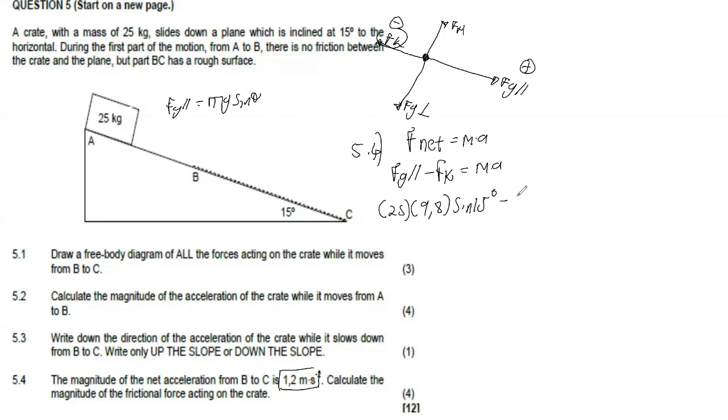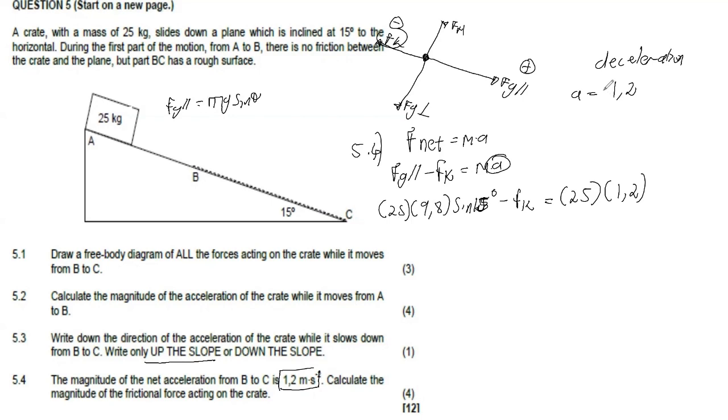We are looking for Fk, so let's just write Fk there. Then this is 15. So our mass is still 25, but then we are given the acceleration is 1.2, right? Now at this point, note here, the acceleration is 1.2, but since we are told that this acceleration is actually a deceleration, there's something that we need to do with it.